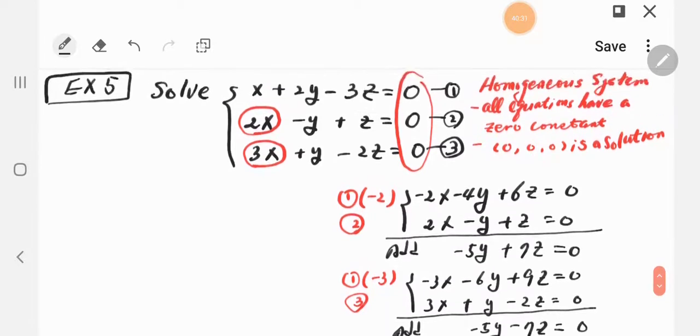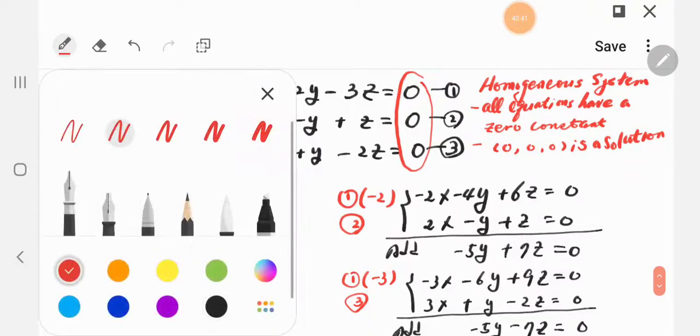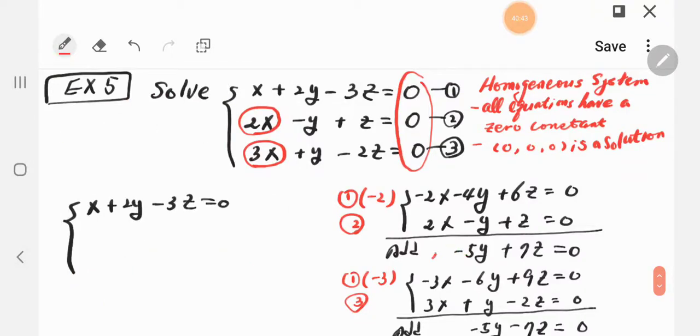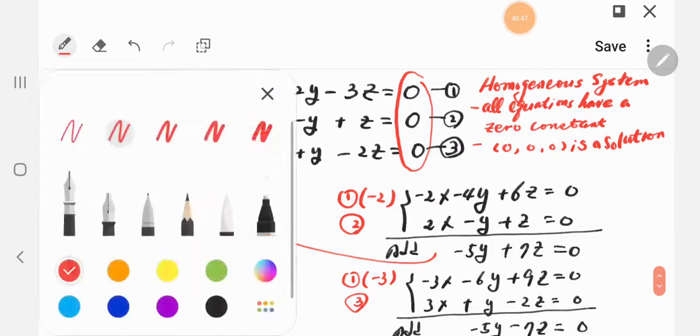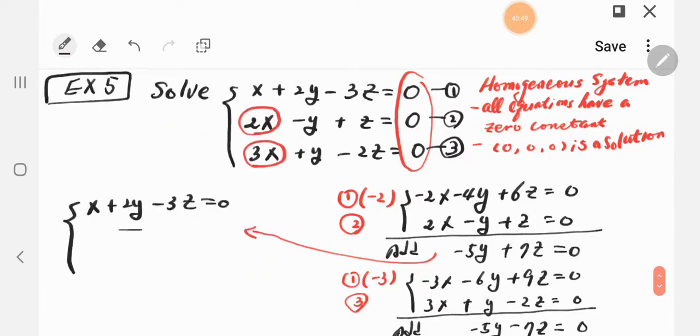So let's rewrite the original system. The first equation is x plus 2y minus 3z is equal to 0. And then the second equation is replaced by this result, negative 5y plus 7z is equal to 0.